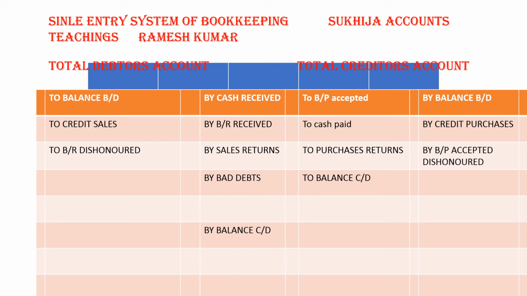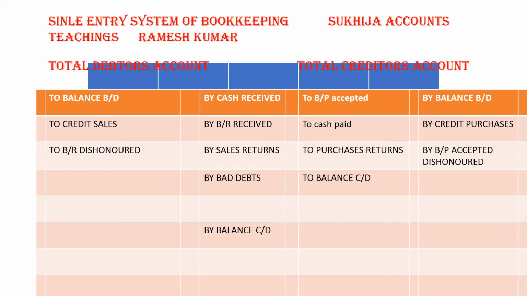Creditors increase by credit purchases. And whatever we pay to creditors, to cash paid. If we accept their bills, to BP accepted. If we are returning the goods, to purchases returns.